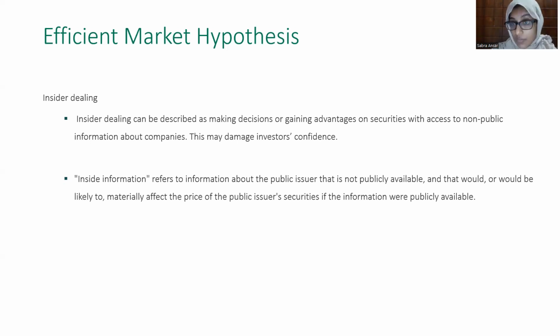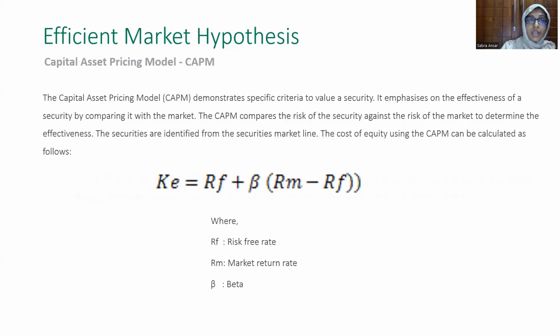This may damage investors' confidence. Inside information generally refers to information about the public issuer that is not publicly available, and that would or could likely materially affect the price of the public issuer's securities if the information was publicly available.